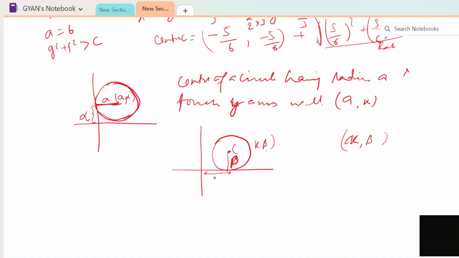That is the x-intercept. The x-intercept will be k. If touching both the axes, then the center will be (A, A), where A is the radius. So the center will be (A, A).